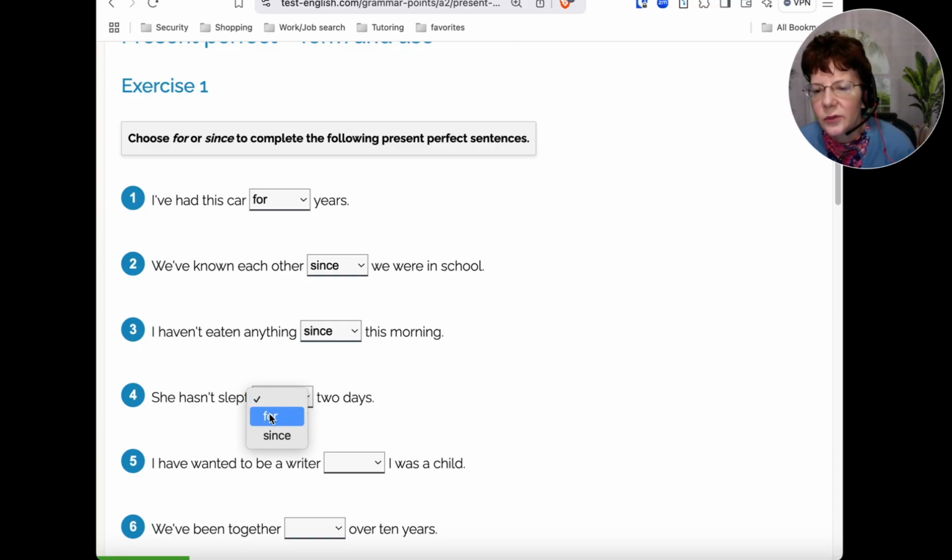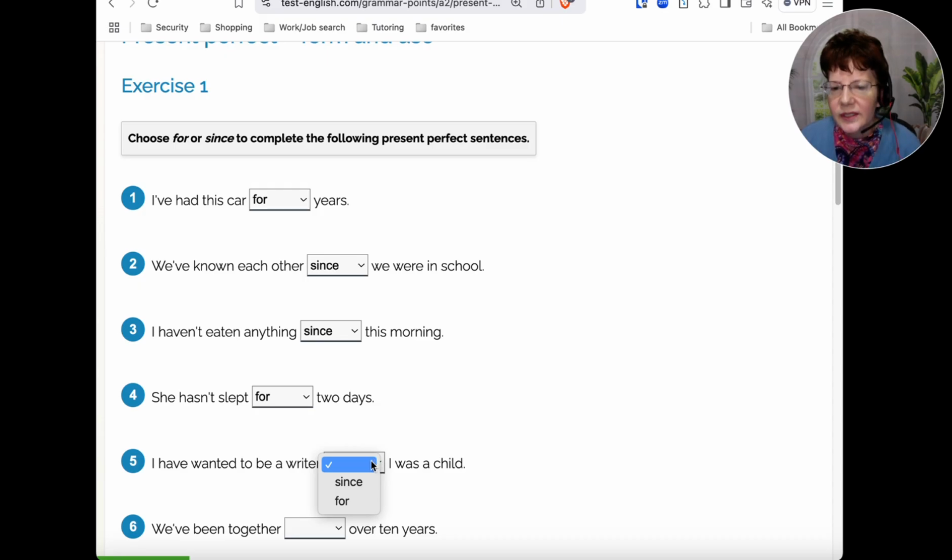Okay, so if you chose for, that obviously sounds better. Okay, and number five, I have wanted to be a writer I was a child. Okay, which one looks correct? So, beginning of a time or a situation here. So, if you chose since, that would be correct.